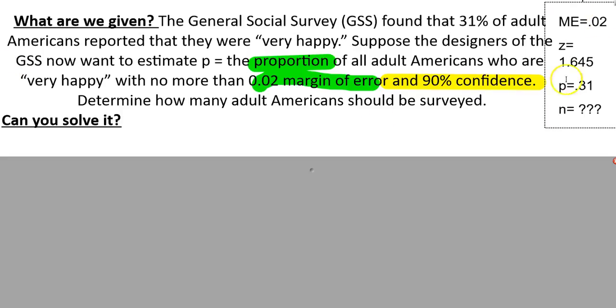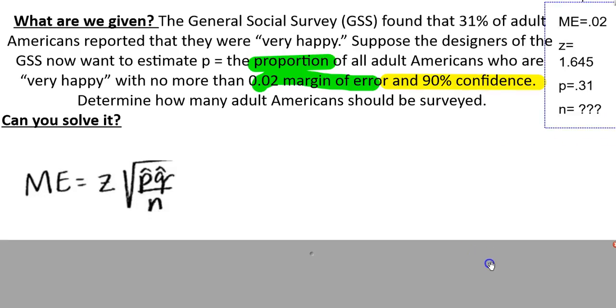So given this information, we have a formula, and the formula that we learned is the margin of error formula. Remember, your margin of error is your critical value times the standard deviation of the statistic.